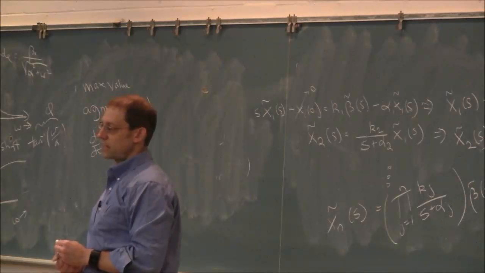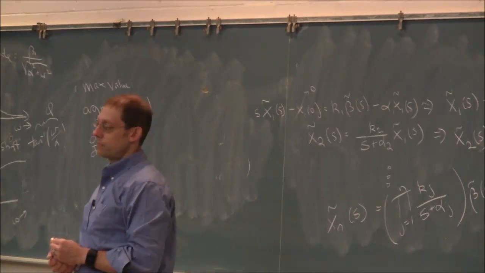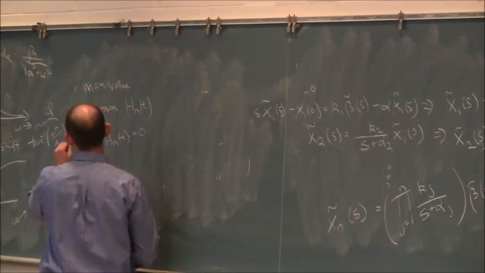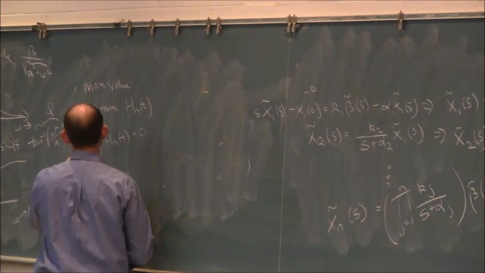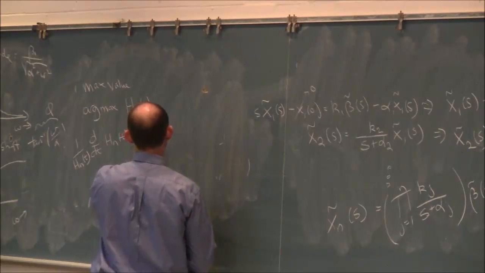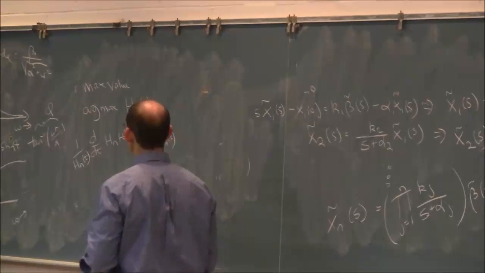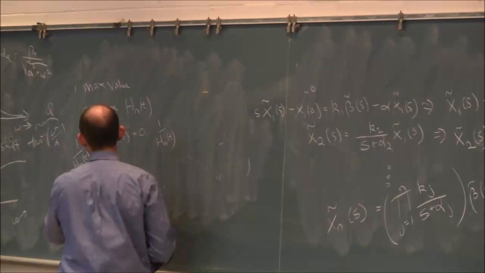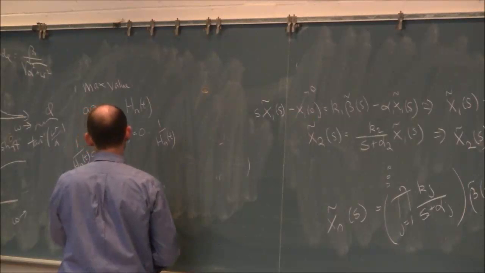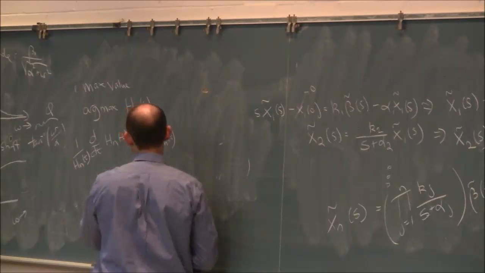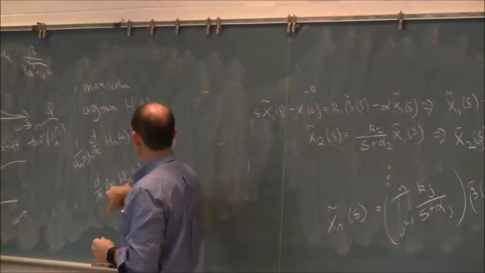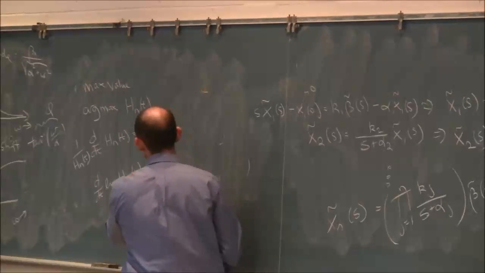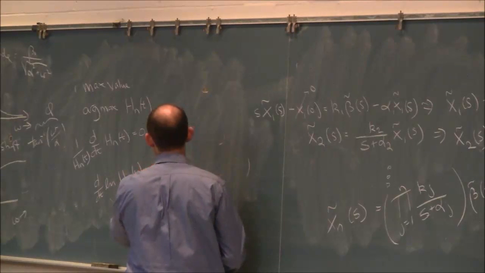So when a function has an exponential, it's easier to take the log first before you take derivatives. So as long as Hn is bigger than 0, we can multiply on both sides by 1 over Hn of t. And then 1 over Hn ddt of Hn of t is the same as ddt of log of Hn of t. So when the derivative of the log is 0, the derivative of the function itself is 0. So this should be 0.